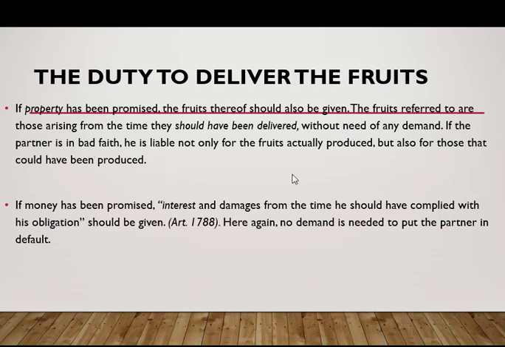If the partner is in bad faith, he is liable not only for the fruits but also for those that could have been produced. If money has been promised, interest and damages from the time he should have complied with the obligation under Article 1788, and no demand is necessary.